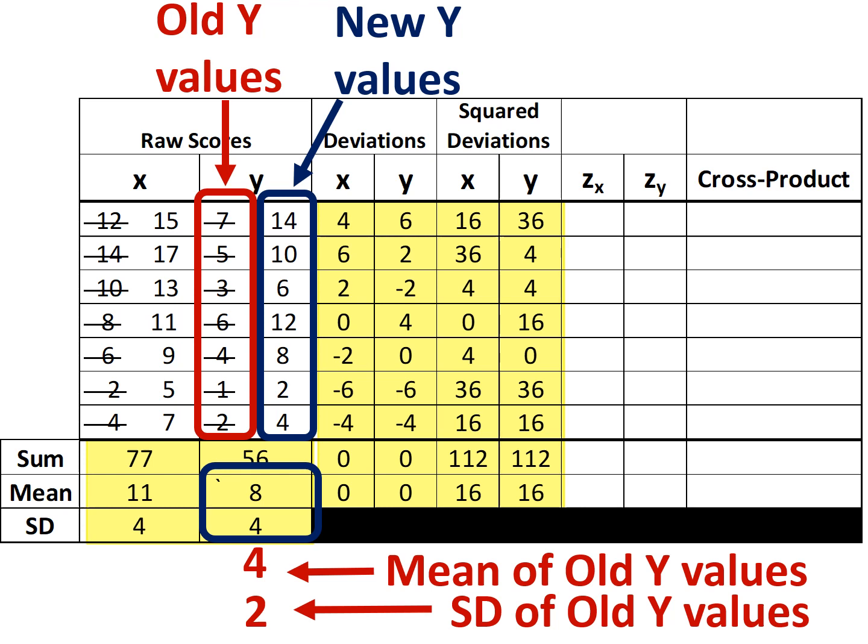We also transformed y. To transform y, we used multiplication. Specifically, we multiplied each value of y by 2. Then we looked at what happened to the mean and standard deviation.